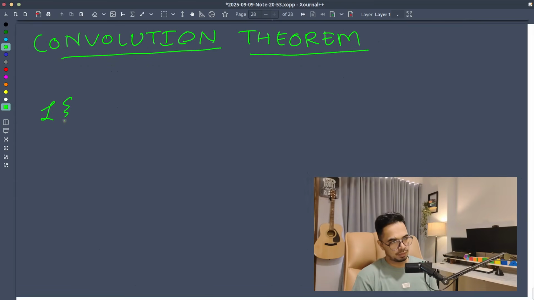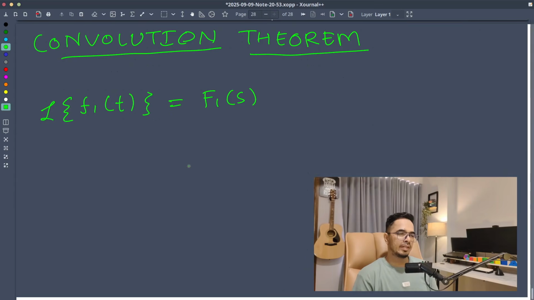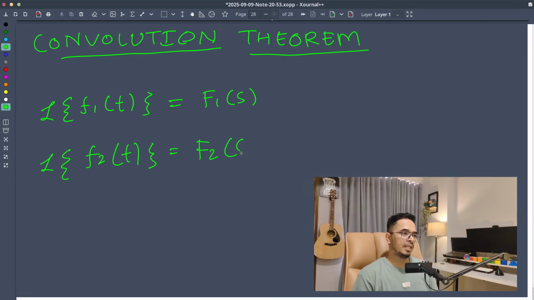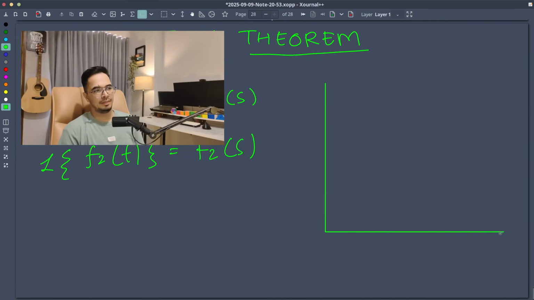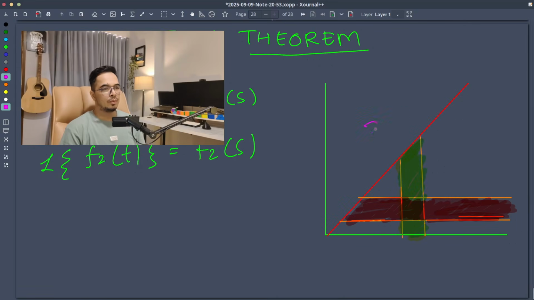When we talk about convolution, say we have a function f1 t, its transform would be capital F1 of S, and the Laplace transform of f2 t would be F2 of S. If I have to represent it graphically, it would look something like this, with t equal to x, t equal to infinity, and x equal to 0 representing the limits of these functions.